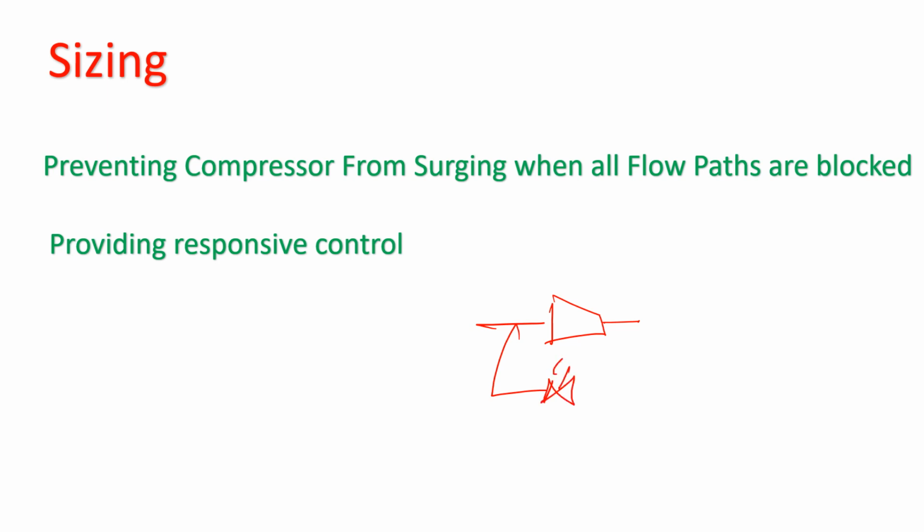The valve should be sufficient enough that it can recirculate the whole flow through it, right? But at the same time it should not be oversized, so that it is unable to control the flow at the normal condition. Normally we get the performance curve from the compressor.